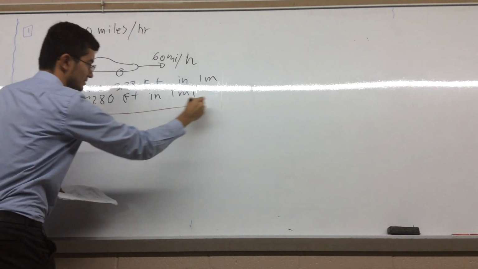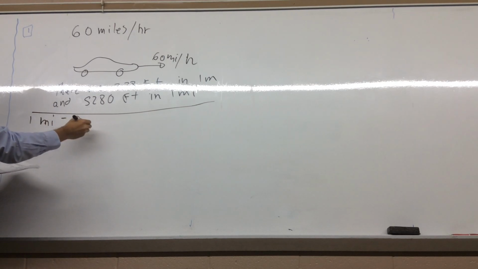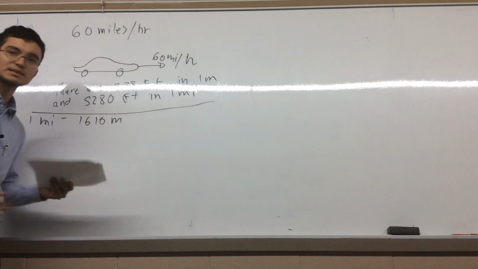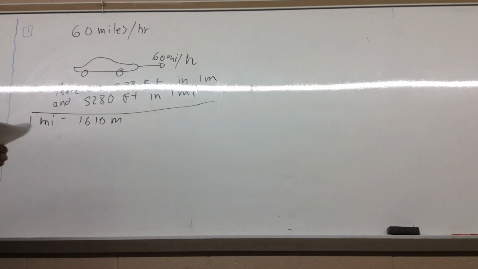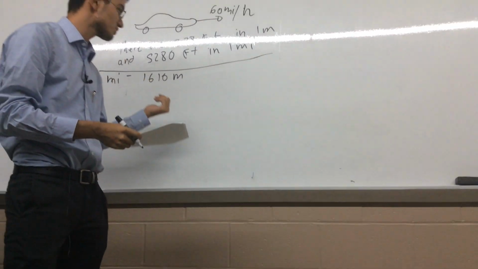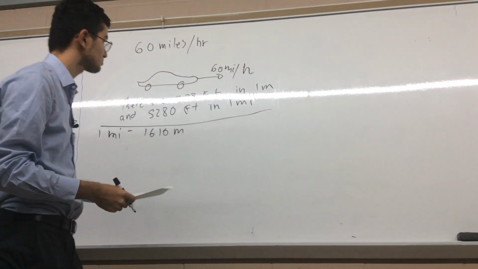You could do it in different ways. You could also say that in 1 mile there are 1,610 meters, so that's basically 1.61 kilometers. We can use that, and we can also say that there are, of course, 60 minutes in 1 hour and 60 seconds in 1 minute. So we're going to use those proportions.